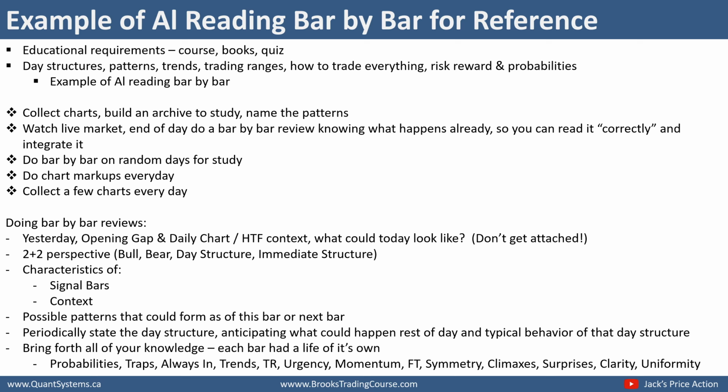Just imagine if it was a big bull bar. What would that do to what's happening right now? What would that do to the day structure? What does that mean for the bear case? What does that mean for the bull case? And then the opposite. What if we get a bear bar on the next bar? What does that do for the bulls or the bears? What does that do for the day structure? What does that do for the immediate price action?